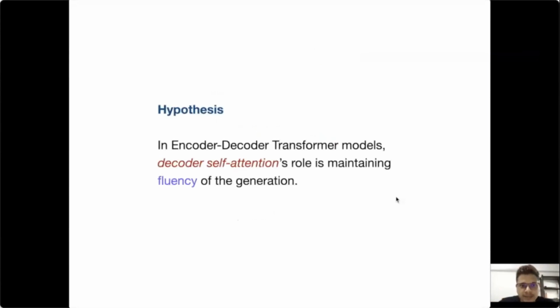So this brings us to the hypothesis that probably self-attention is highly influential to the fluency of the response. So we hypothesize that it's the workhorse of maintaining the fluency of the decoder.